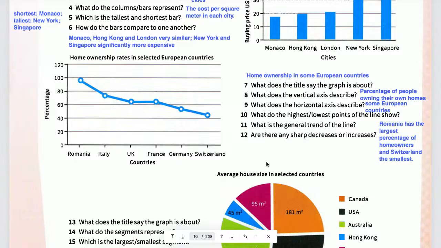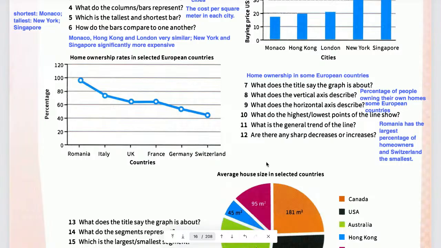So probably we can say for most of the countries there, some countries, they have quite similar percentage, right? Quite similar, except probably Romania and Switzerland. Okay? Because as you said, when we look at UK and France, we see it's quite similar, right?